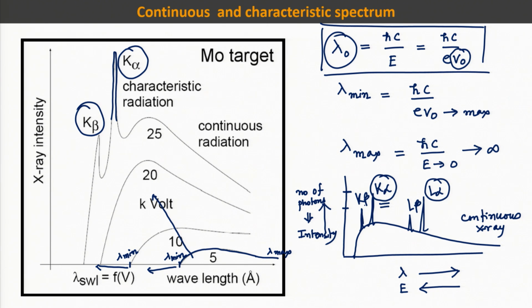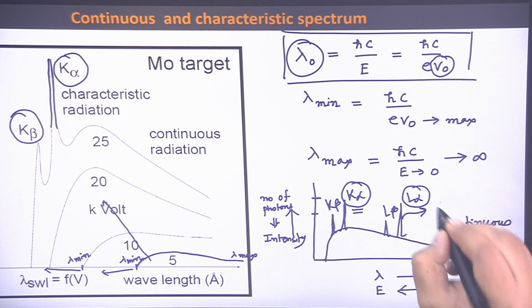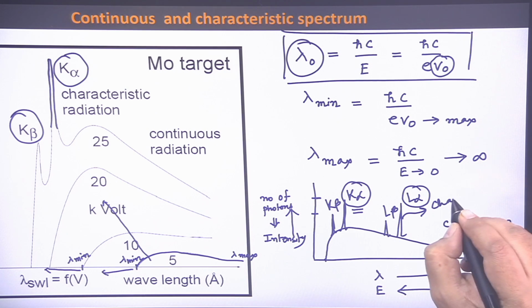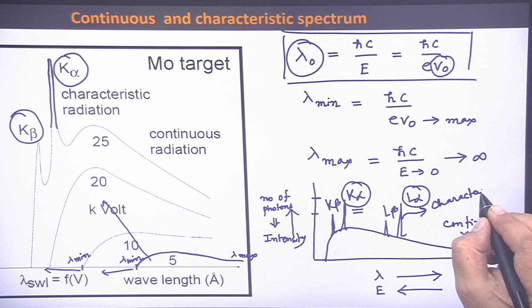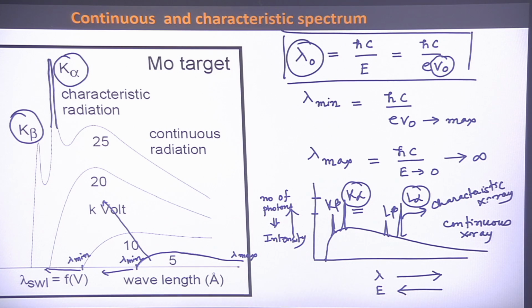Similarly, the L beta intensity will always be lower than L alpha. So this is about the continuous radiation, and these are your characteristic radiation, or characteristic X-rays.